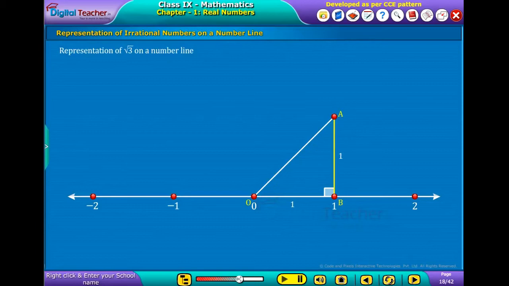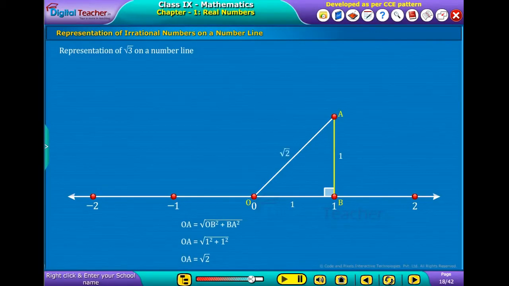Now, to find the distance OA, we use the Pythagoras theorem. From the Pythagoras theorem, OA is equal to the square root of OB square plus BA square, which is equal to the square root of 1 square plus 1 square, that is root 2. So, the distance OA is root 2.